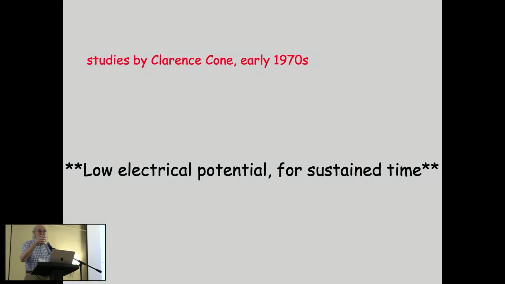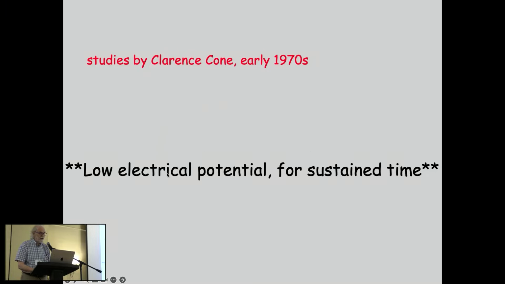And if you did the opposite and you raised the electrical potential, raised, what I mean is the magnitude, to instead of minus 10 or minus 20 to minus 80 or minus 90 or 100, the cell would never divide. And I thought, well, this is pretty interesting, because we know something about the electrical potential now as being the result of negative charges from easy water.